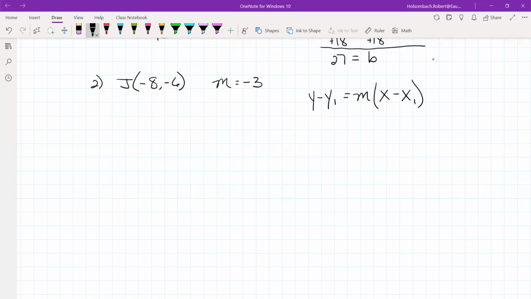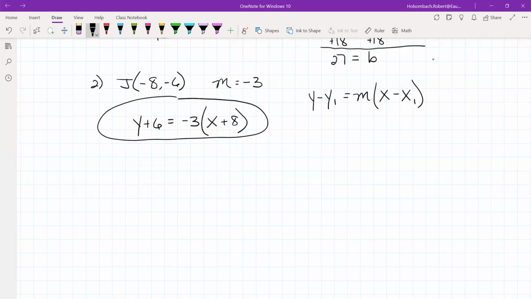So in point-slope form, using this point and this slope, we go y, and then the opposite of our y value, so plus 6, equals the slope, which is -3, times x, and now the opposite of our x value, so plus 8. There's point-slope form.